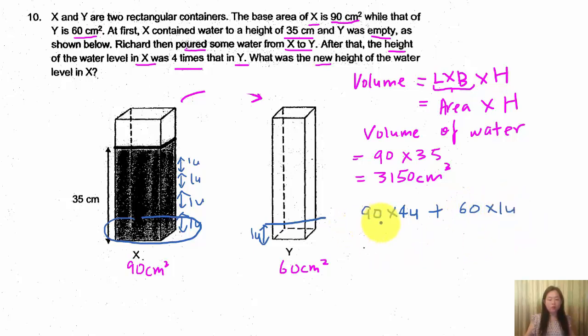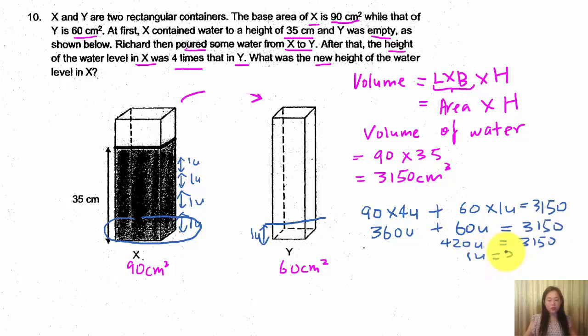So when we add this with this, it is equivalent to 3150. So here, 360U plus 60U equals 3150 again. So 420U equals 3150, and 1U is 3150 divided by 420, and it will be 7.5.